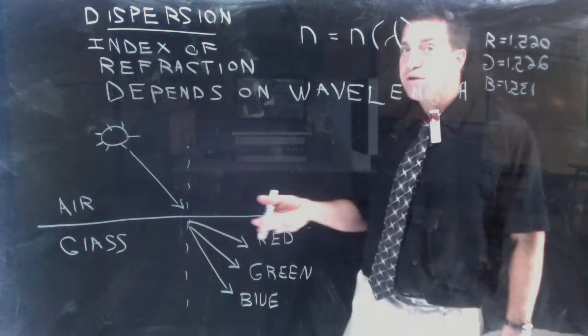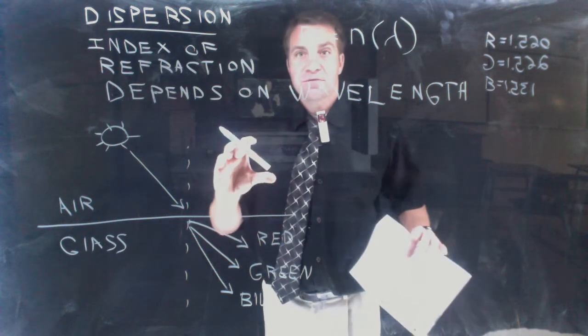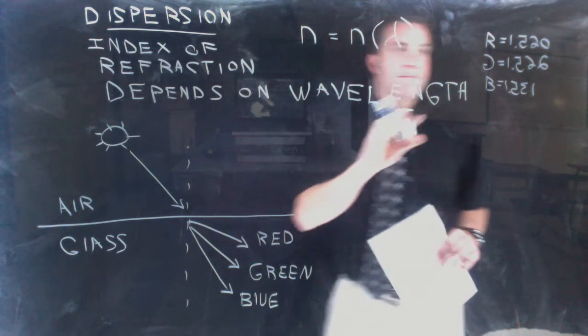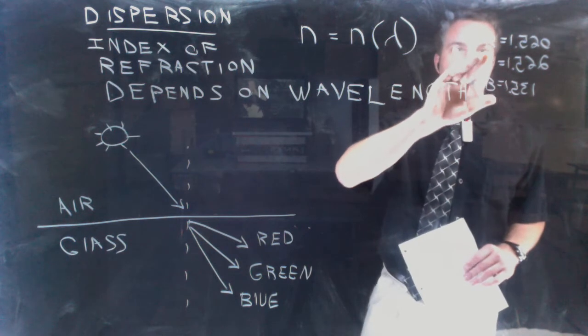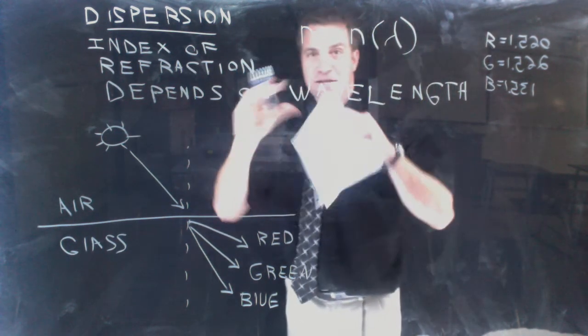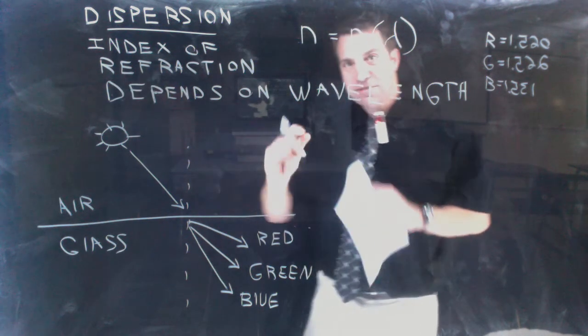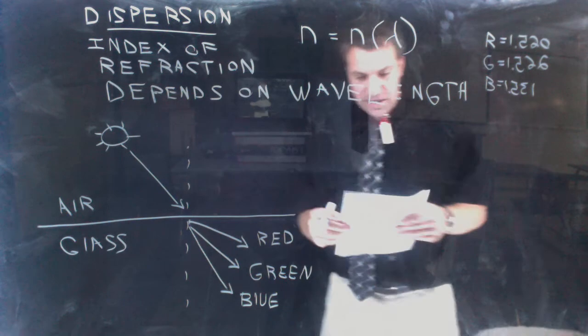So you're all familiar with this because you've all seen a dollar bill, and it looks like the Illuminati, the dollar bill pyramid, and they're sending white light into this prism. So it looks like this.